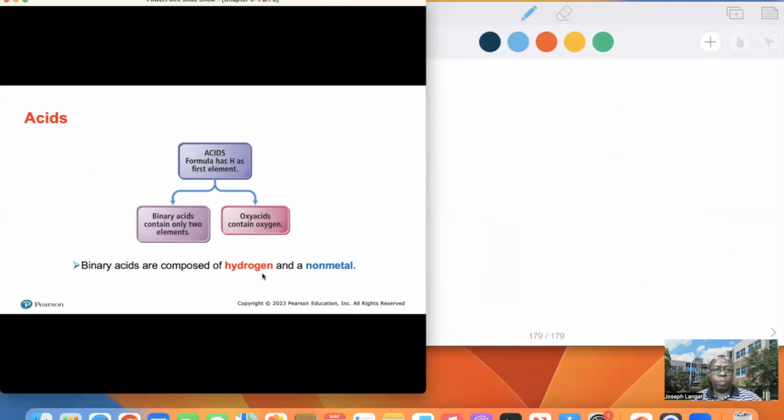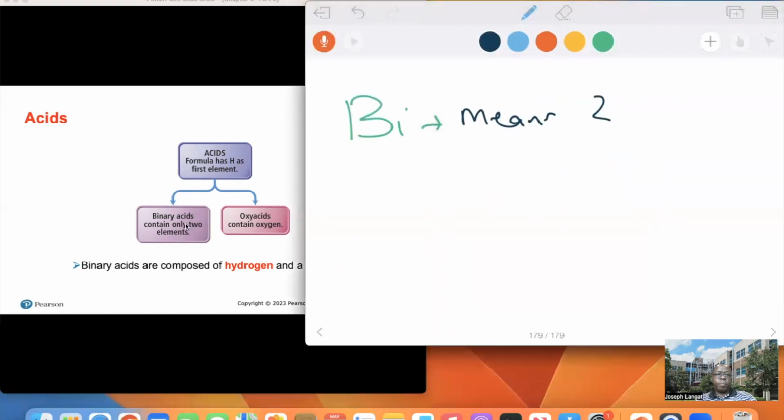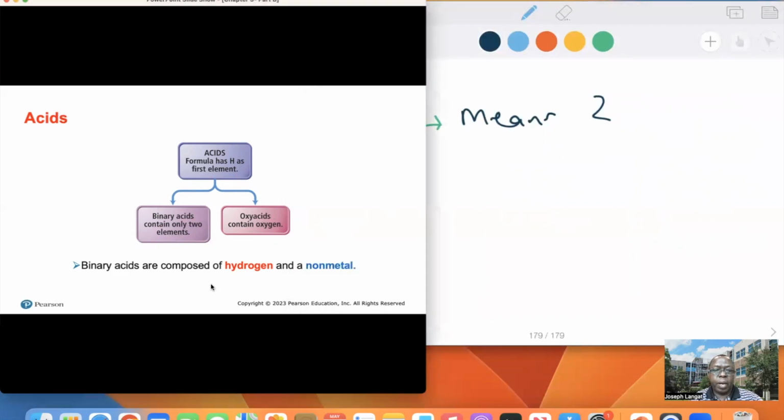Binary acids are composed of hydrogen and a non-metal. From the word bi, bi means two, so it has hydrogen and a non-metal.